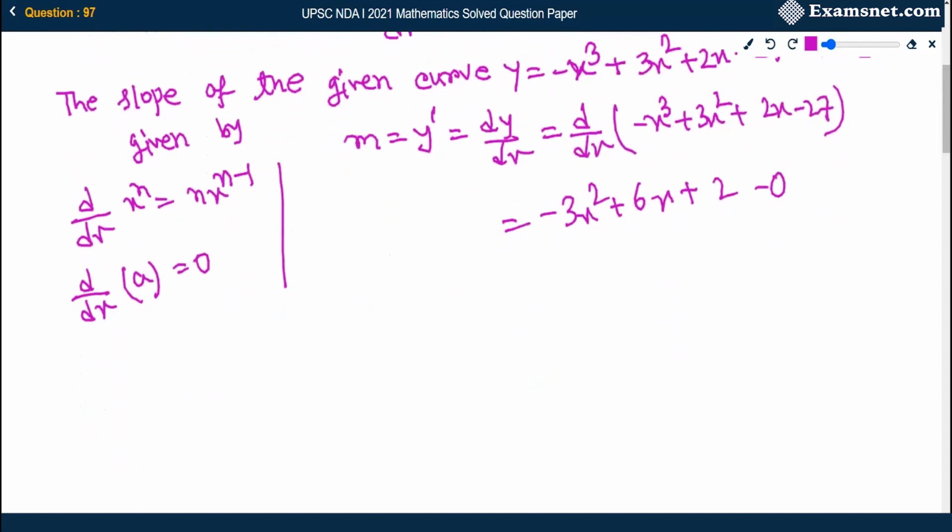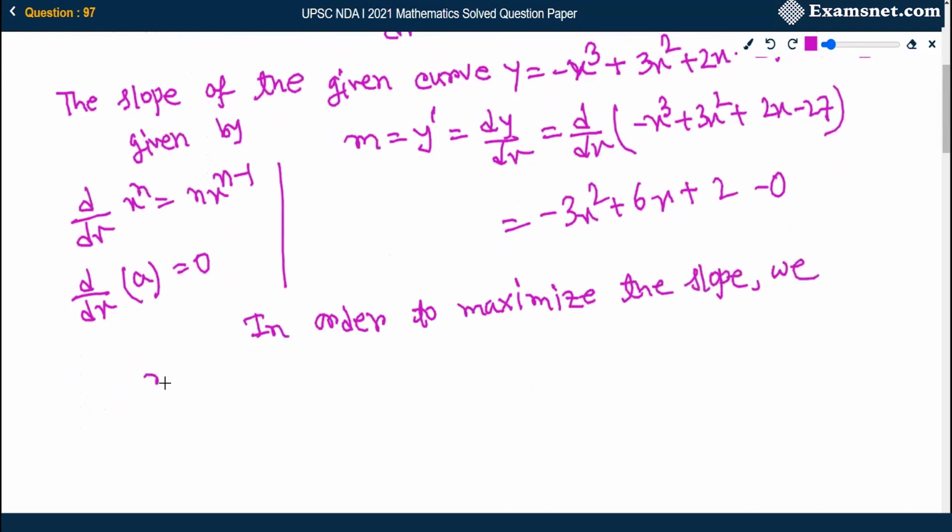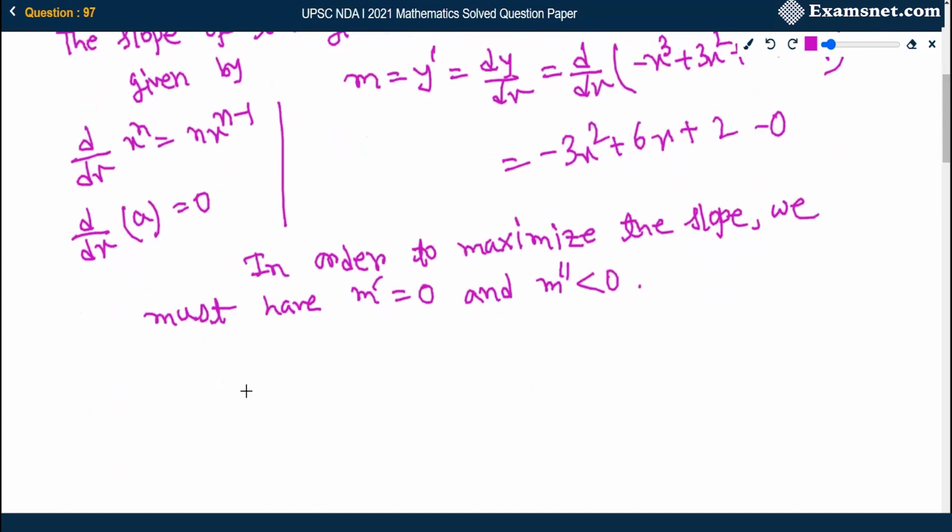Now here we have to find the point where the slope is maximum. So in order to maximize the slope, we must have m dash equals 0, means dm dx, the first order derivative, equals 0, and the second order derivative of m, that is m double dash, less than 0.